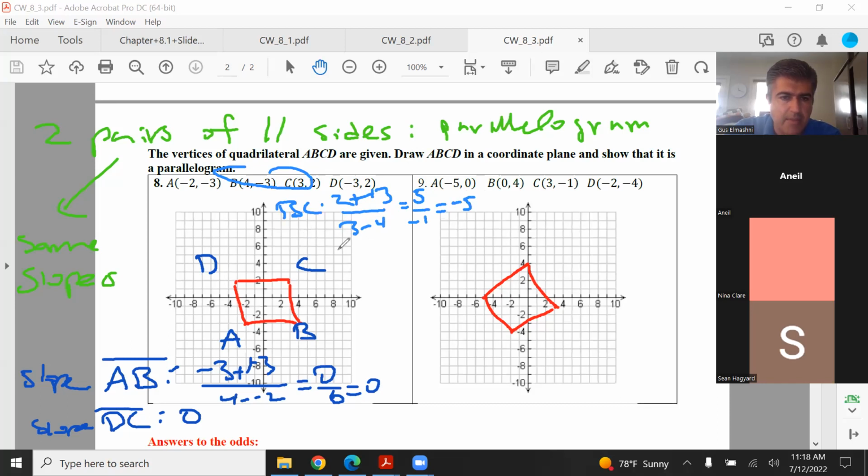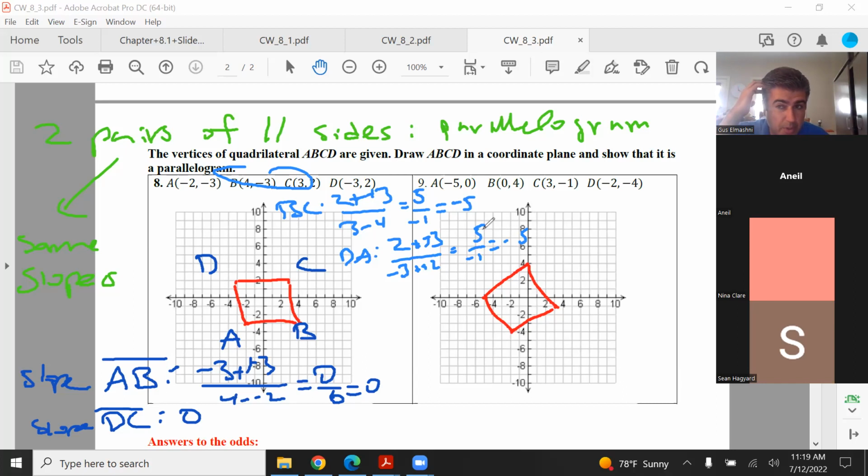And if I do it again for DA, I have 2 minus -3 over 4 minus -2... or -3 minus -2. I get the same thing. Yep, -5, -5. So that will prove that this is a parallelogram because you have two pairs of sides that are parallel, because you have two pairs of sides with the same slope.